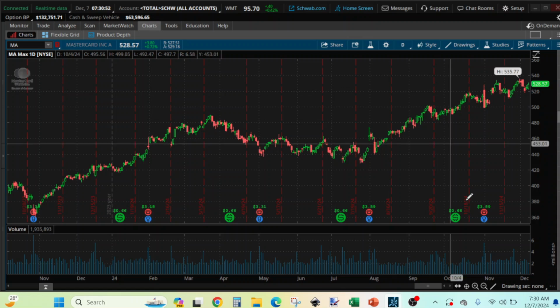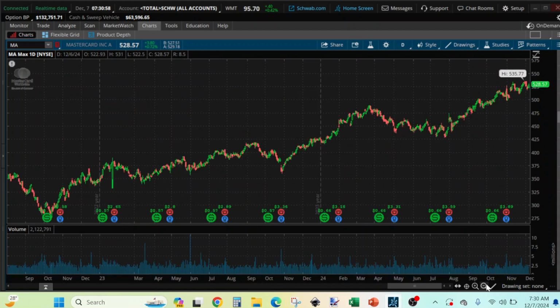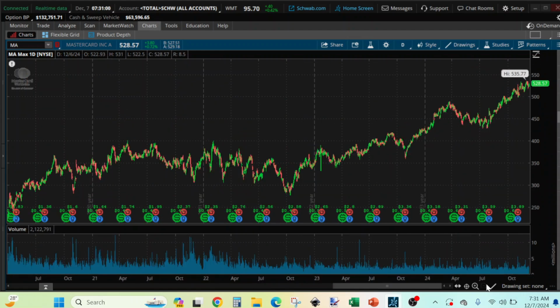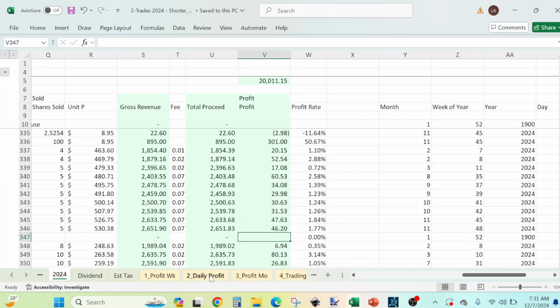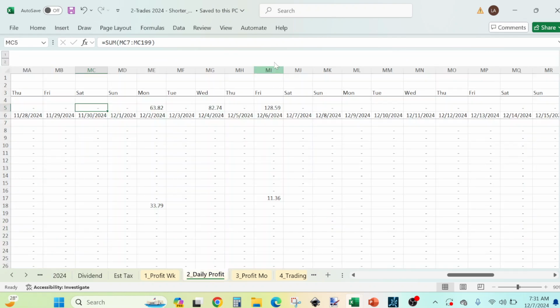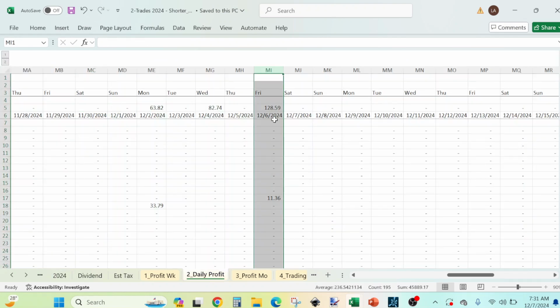Why am I not seeing the purple line here? We'll come back to MA, but let's go to our record and look at our daily profits, and it is 6. So we made 128.59. That's our daily profit.